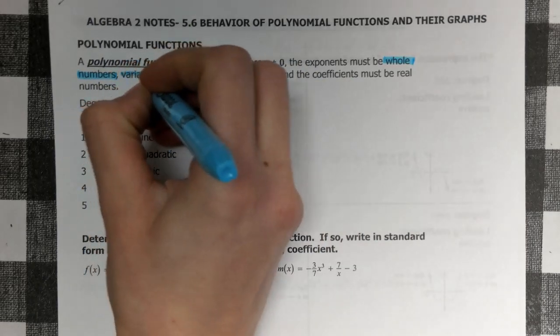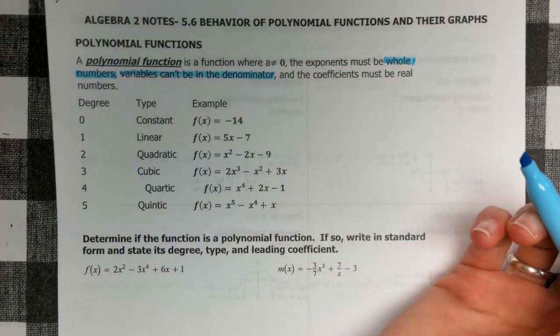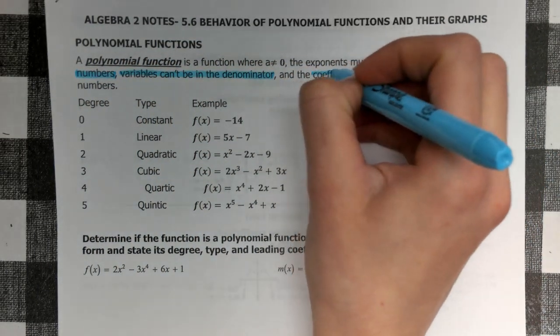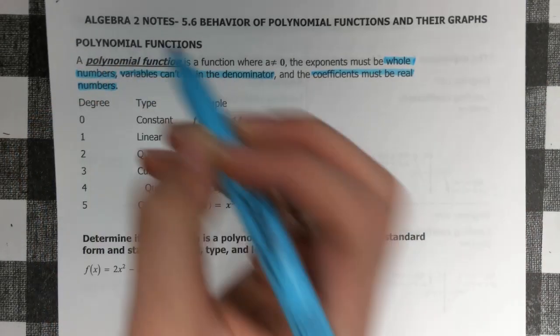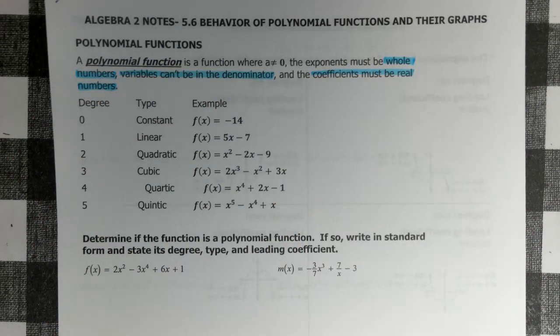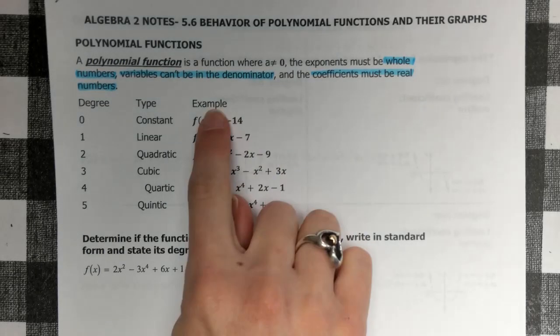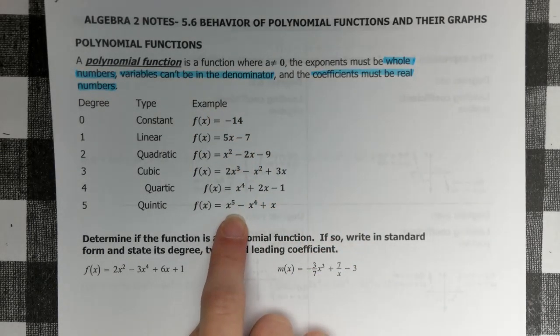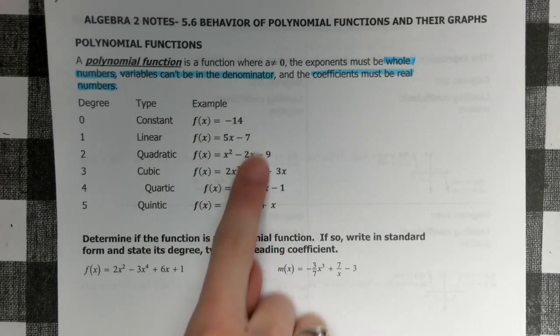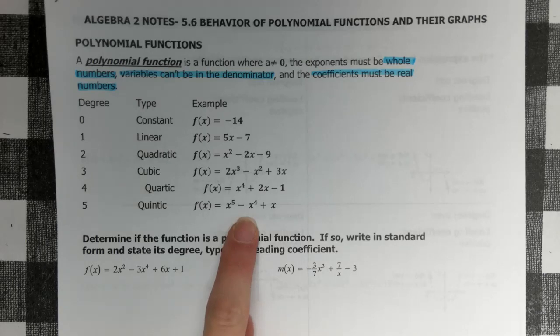Variables cannot be in the denominator, and the coefficients must be real numbers. Okay, so what makes it a polynomial is something with examples like this. As long as your coefficients are real and not imaginary, then something like these examples would be a polynomial.